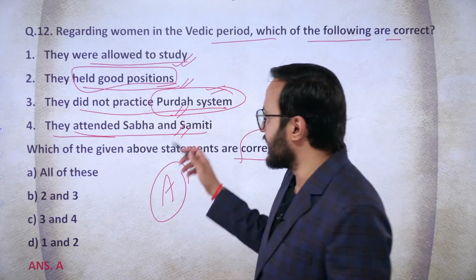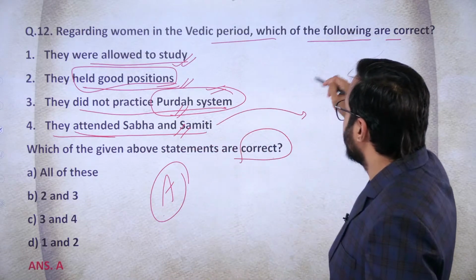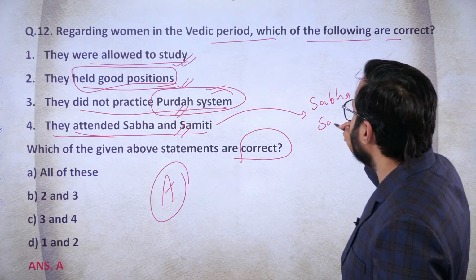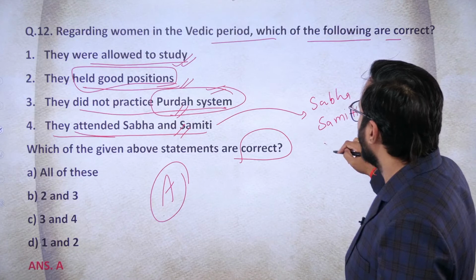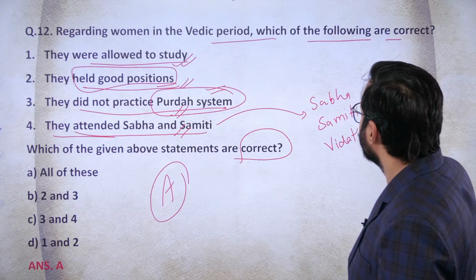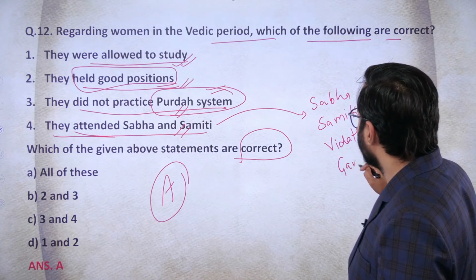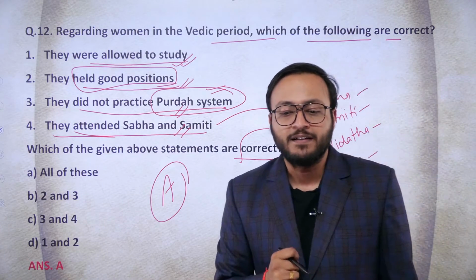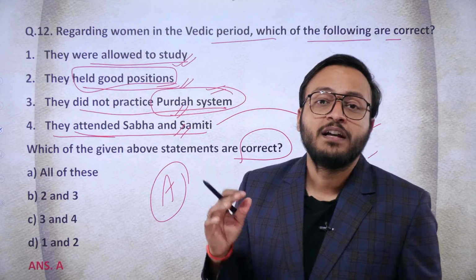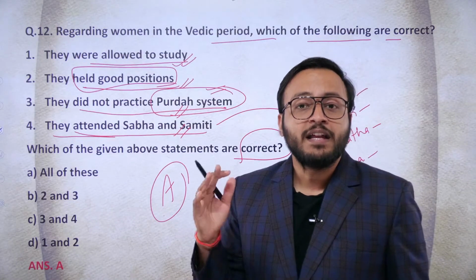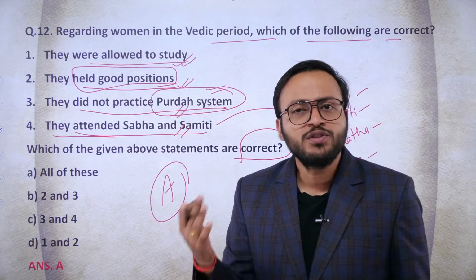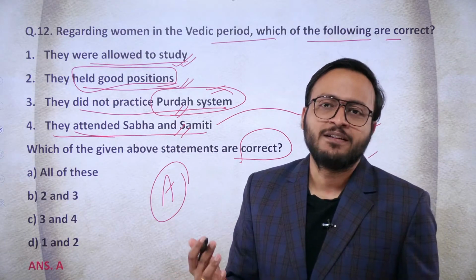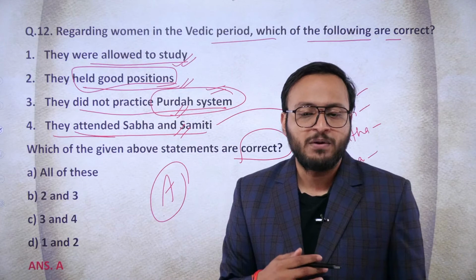Of course that is correct, because Sabha, Samiti, Vidath and Gan, remember that these four were the important bodies in the Vedic period, which used to provide consultations to the king or Rajan whenever Rajan inquired about it.